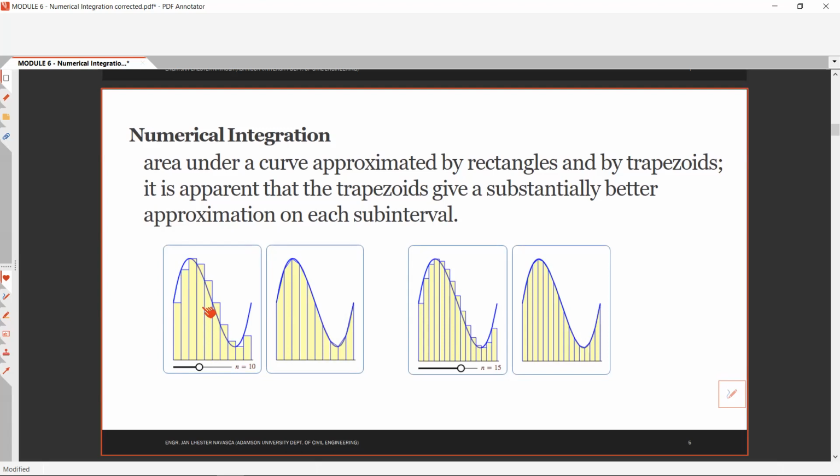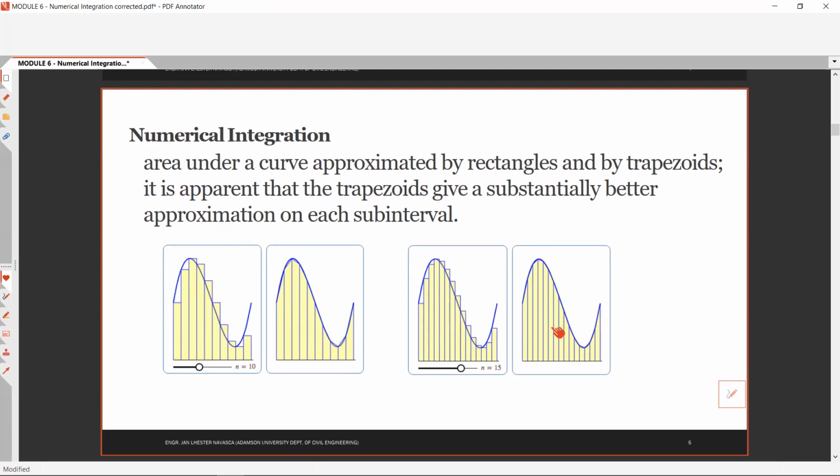Okay, dinamihan natin. Okay. Then comparing the rectangle to trapezoidal areas, okay, ayan, mapapansin nyo. Okay. Then considering n equals 15, okay, sa trapezoidal is medyo halos same na talaga. Okay?